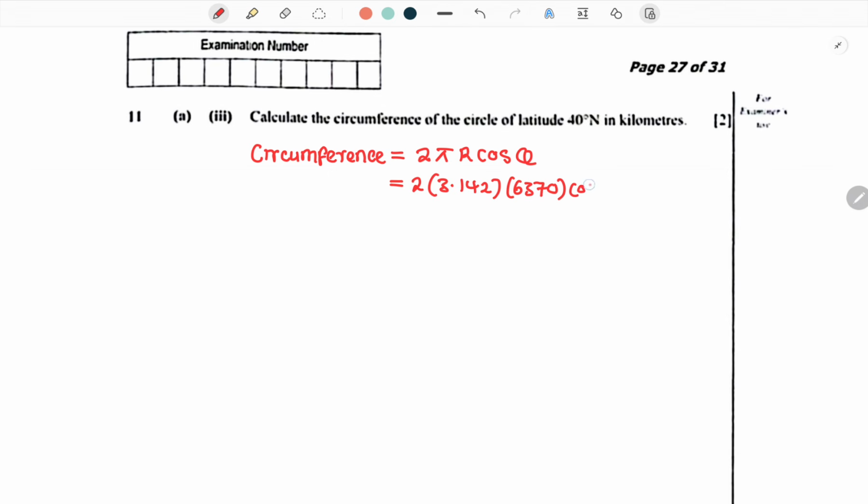Of course, you have your cosine, then 40 degrees. Let me just punch everything on the calculator, then we see what we are going to have. This is cosine 40. And then you are going to get your answer of 30664.05. Okay, so this is supposed to be in kilometers. And then you get your answer.